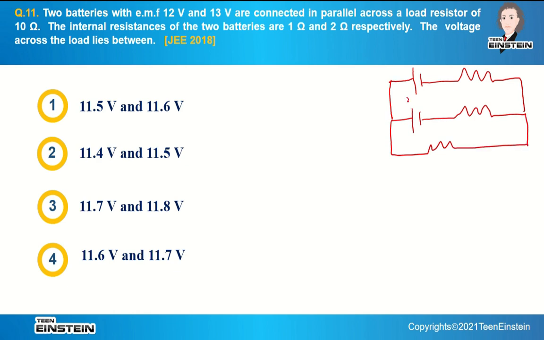This is E1 and this is R1, this is E2 and this is R2, and this is the resistance. Here they have given the value of E1 as 12 volt and R1 as 1 ohm, E2 as 13 volt and R2 as 2 ohm, and the resistance is 10 ohm.